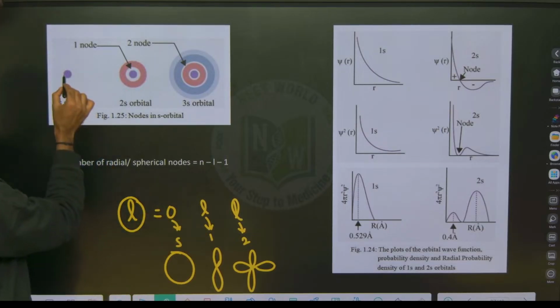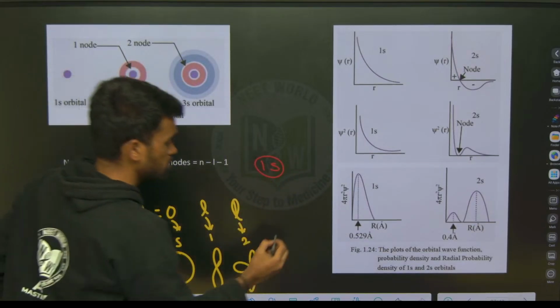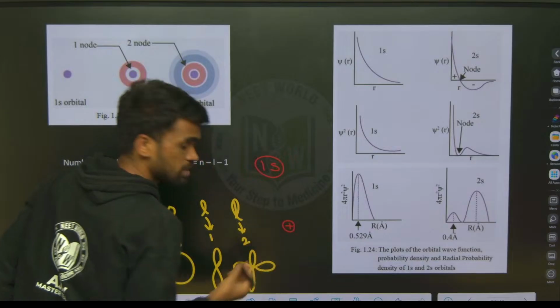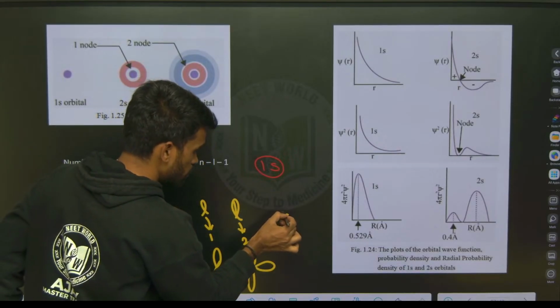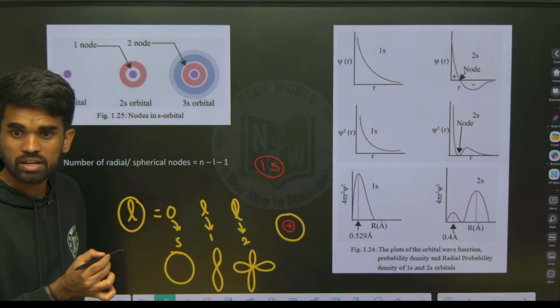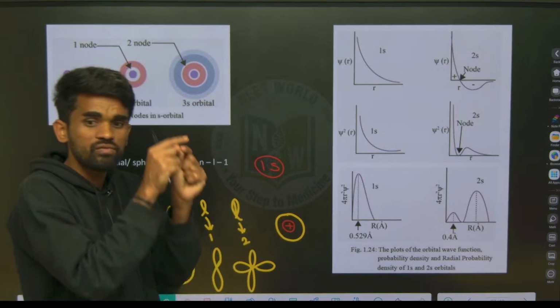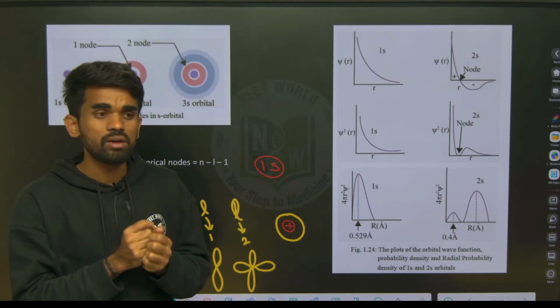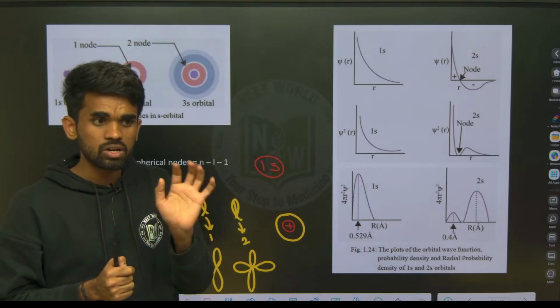So now if I say 1s orbital, 1s is nothing but if this is a nucleus, red color mark, around it we have the electron probability, the maximum probability of finding electron, we are saying orbital. So 1s orbital will be very close to the nucleus. Why am I saying very close? Nucleus is positive charge, electrons negative.